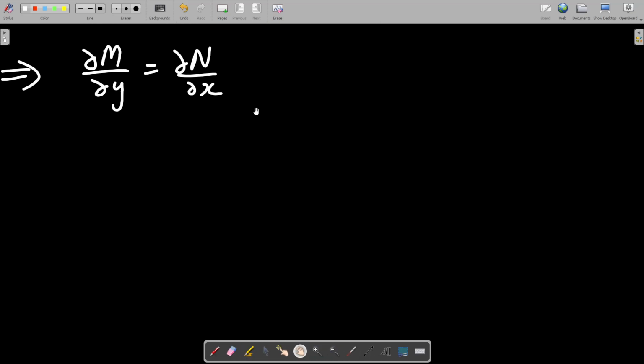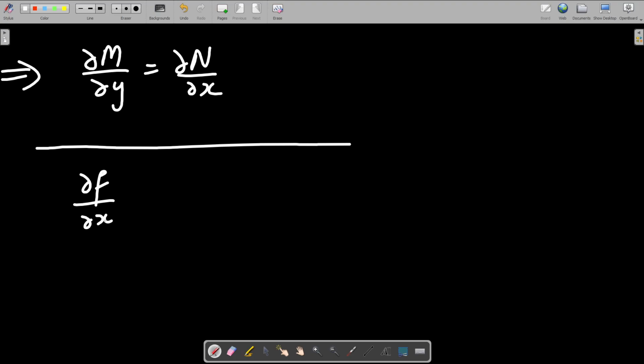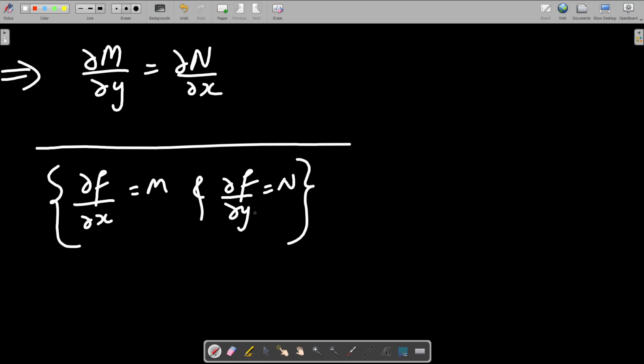Here is a summary of what I have done. I assumed that dou f by dou x is equal to m, and dou f by dou y is equal to n. If these two conditions are true, then this condition holds true.